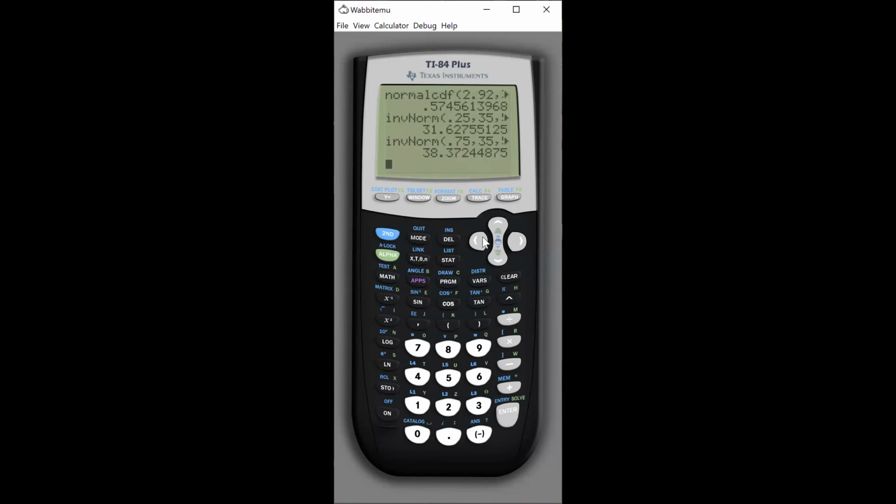We get X is equal to 38.37, and that would be considered the top 25%. So 38.37 is breaking up the top 25% from the bottom 75%. That's it for part B. Any question in regard to part B?